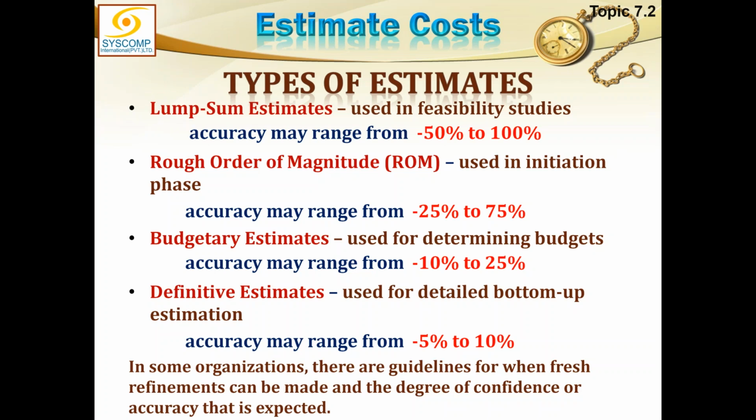And the accuracy of this estimate lies between -5% to 10%. Meaning what? That if you have quoted 100,000 rupees, then this job can definitely be done between 95,000 and 110,000 rupees.